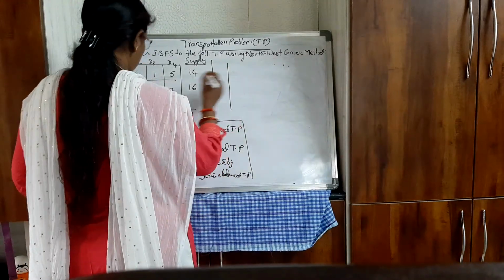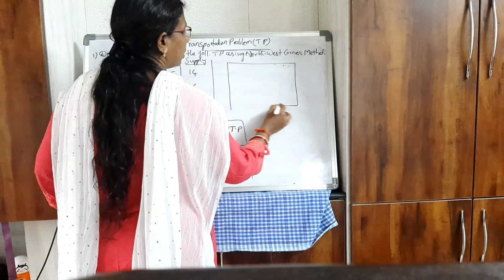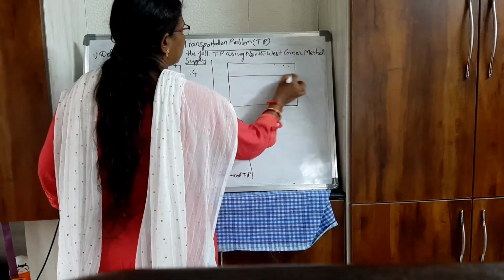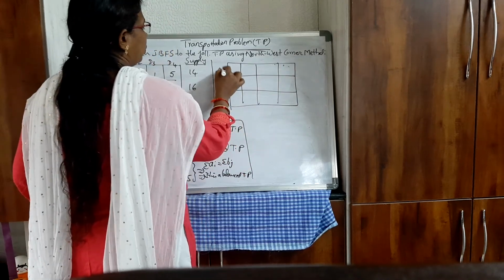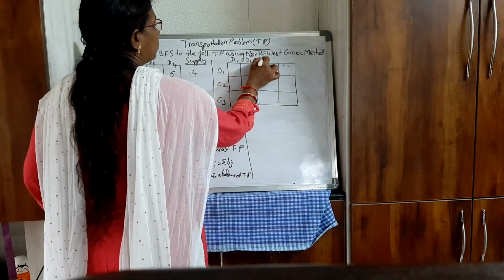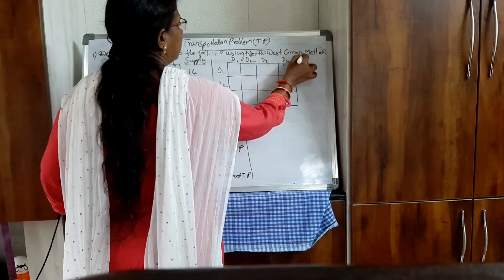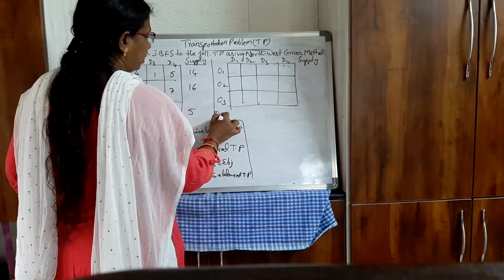Now draw the table. Here O1, O2, O3, and D1, D2, D3, D4. Here you have supply and here you have demand.